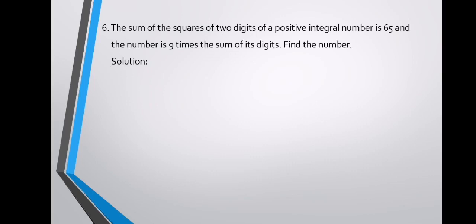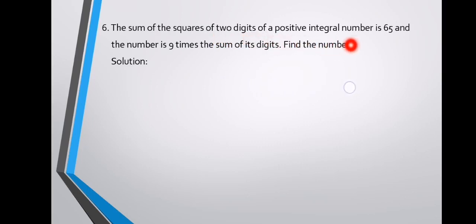Question number 6: the sum of the squares of the 2 digits of a positive integral number is 65. That is, we are going to take a positive number consisting of 2 digits. Definitely the number will consist of units and tens.